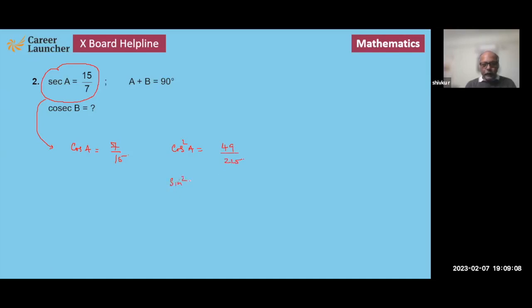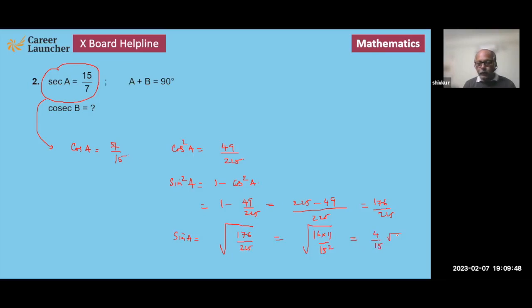So sin squared A is equal to 1 minus cos squared A, which is 1 minus 49/225, which is equal to (225 minus 49)/225, which is 176/225. So we get sin A is equal to the square root of 176/225, which is root of 16 into 11 over 15, which is equal to 4/15 into root of 11.